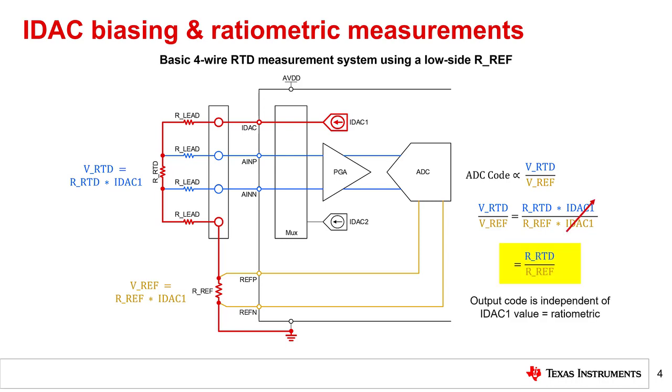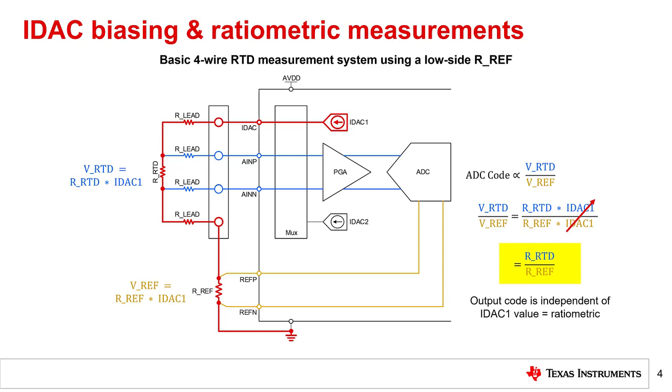The IDAC1 term in both the numerator and the denominator cancels out, and the resulting ADC code is just the ratio of RRTD to RREF. Importantly, this relationship reveals that the ADC code is independent of the absolute value of IDAC1. In other words, any variation in IDAC1 will be seen equally in the input voltage and reference voltage, and therefore cancels out. This is called a ratiometric reference configuration.